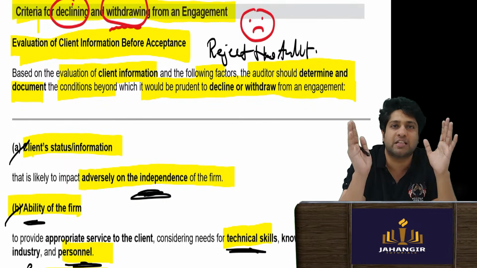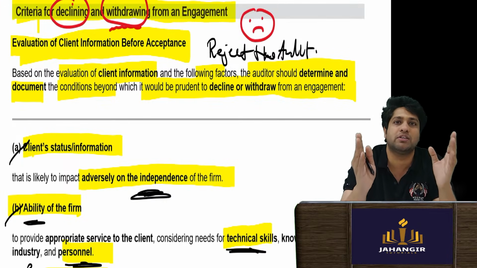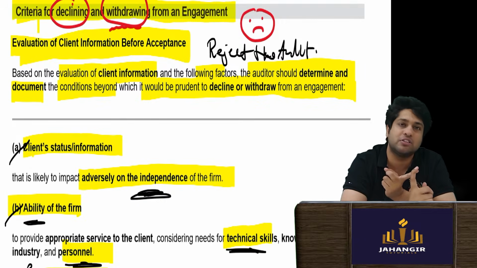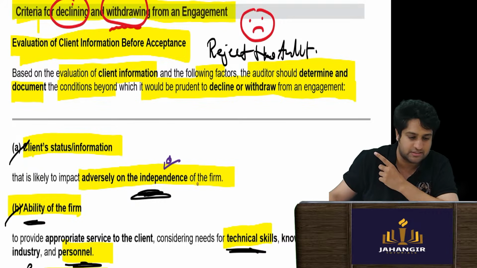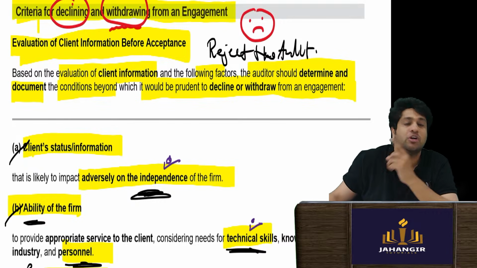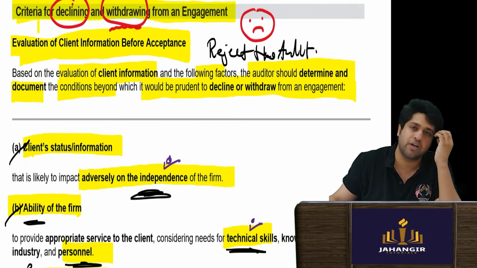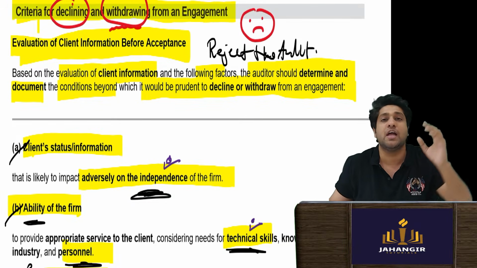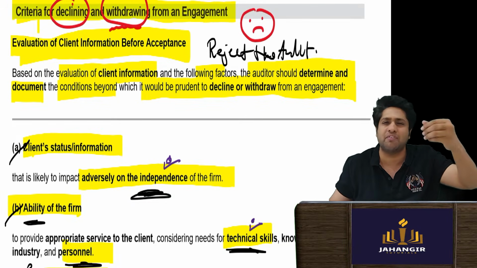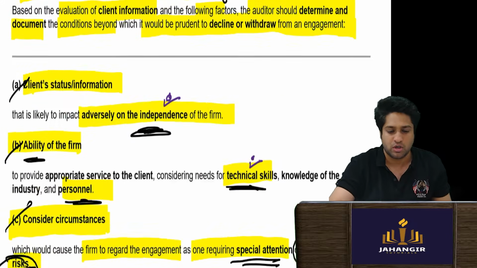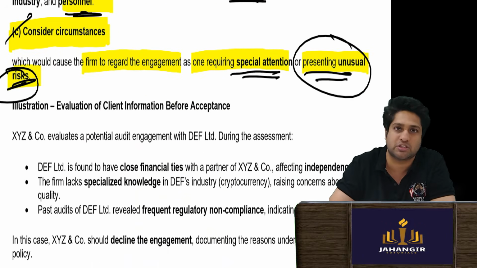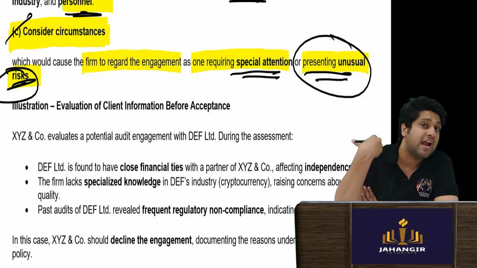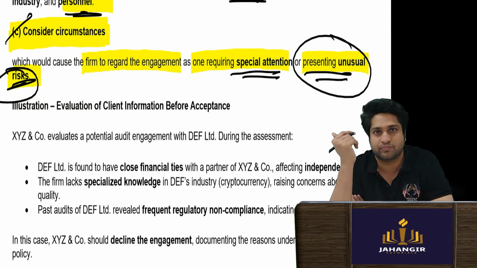But when should you as an auditor reject the audit? Whenever there's a conflict of interest, or if it doesn't match your technical skills. For example, industry specific: if a crypto company has come and you've never audited one and you feel you don't have the manpower or skill sets, in spite of being a CS or CA, it is possible that I don't have that industry-level expertise.